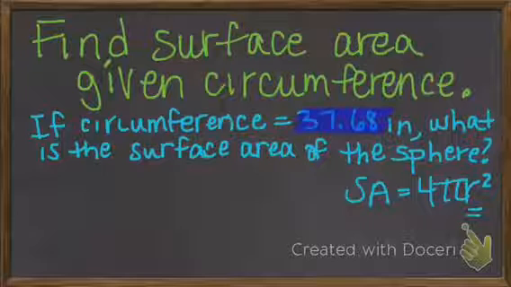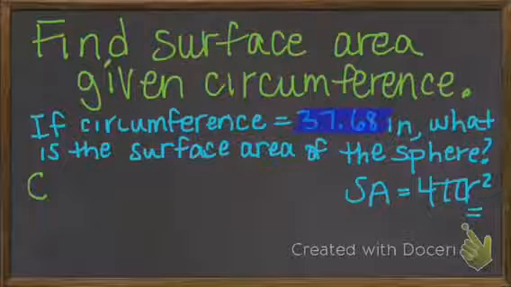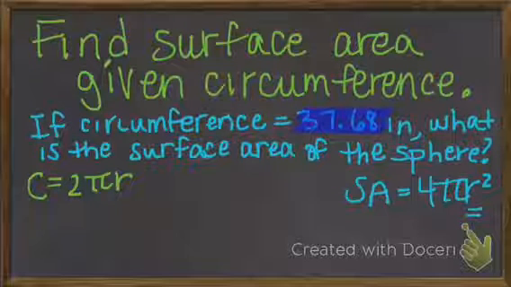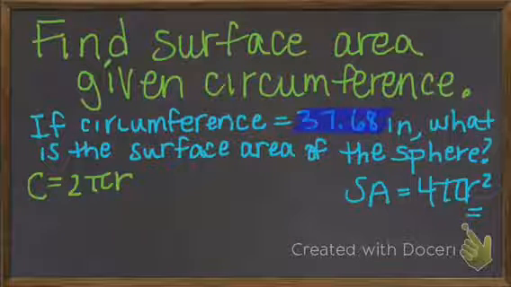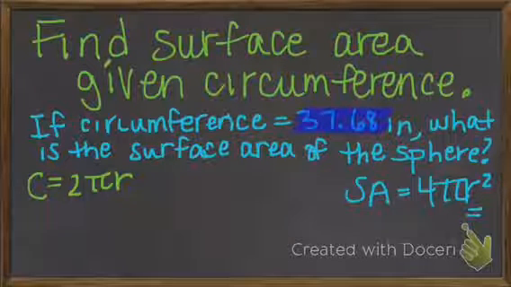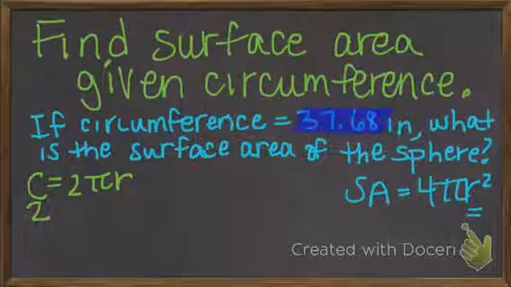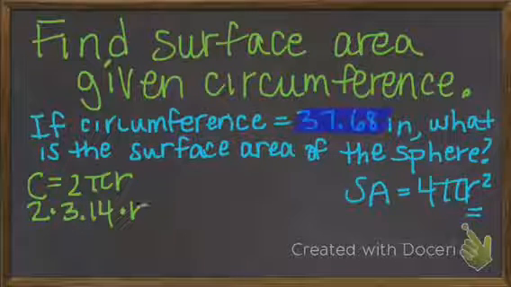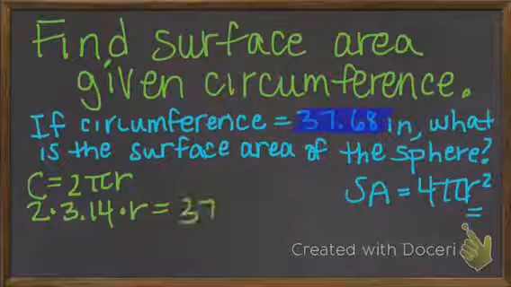Well, if we remember the formula for circumference, it's 2 pi r. Write this down in your notes because you will have to solve problems like this. Okay, so circumference is 2 pi r. So I've got 2 times 3.14 times the radius equals the circumference.